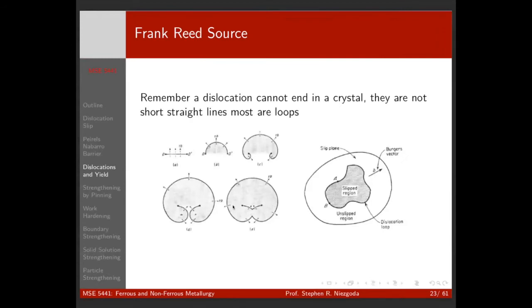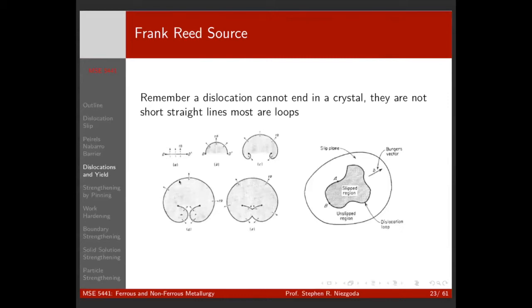The Frank-Read source is a way of making these loops, which are then going to propagate out. You can imagine a short segment of a dislocation that's pinned at two obstacles here. And if we have a force on it, it's going to bow out, and eventually it's going to keep bowing out until these touch.